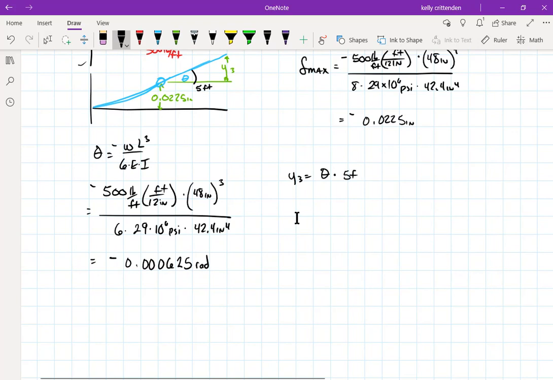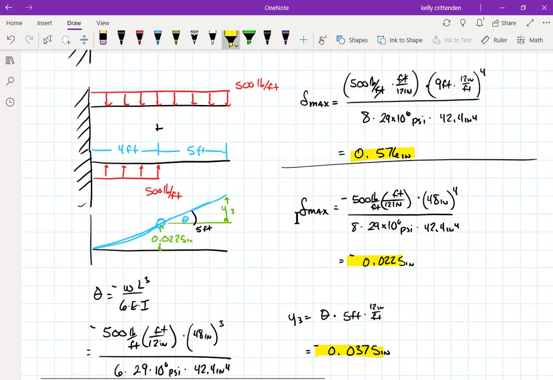So 5 feet, but I do want that in inches, so times 12 inches per foot. And it'll turn out negative because theta is making it shoot upwards. So negative this number times 5 times 12. So negative 0.0375 inches.